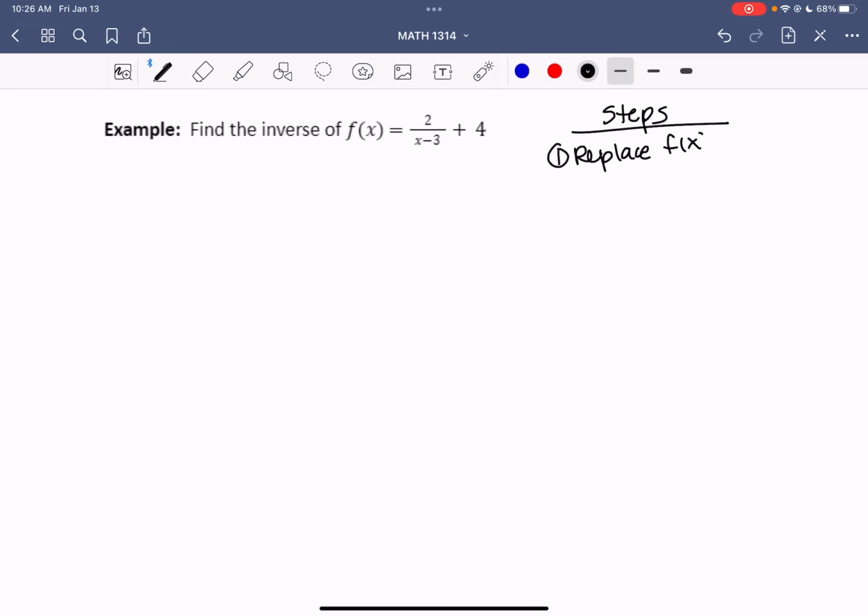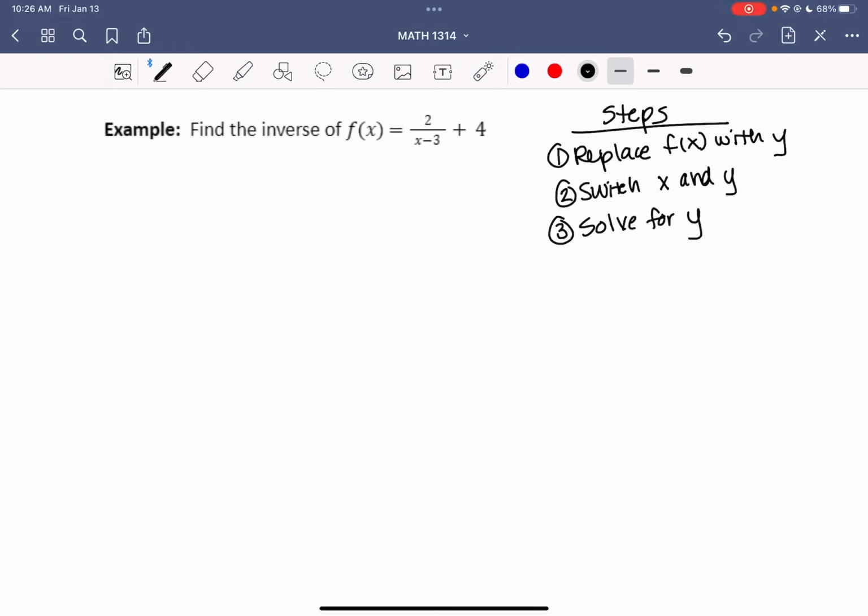Step number 1, you want to replace f of x with y. It's going to make our life a little bit easier just to use the y instead of the function notation. Step number 2, you're going to switch x and y. So it's a literal rewrite everywhere you have an x with a y, and everywhere you have a y with an x. We're going to work examples and use these steps. So I want to get our steps over here to the side so we can kind of work through those in the process.